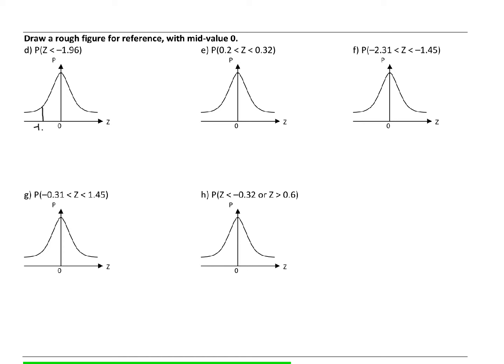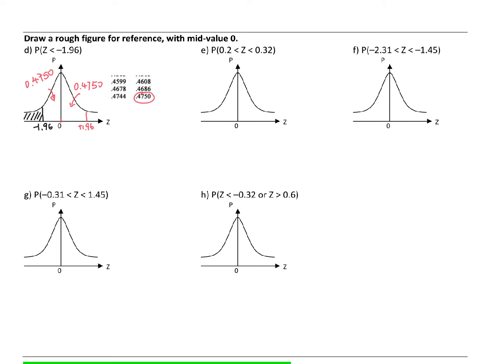Okay, part D. You have to find negative 1.96, so it should be somewhere here. And then z is smaller than this value, so you have to check the table. So you will find out that the answer is 0.4750. And remember, this value means that it is between 0 and positive 1.96. This part is 0.4750, which also means that this one is also 0.4750 because they are symmetrical.